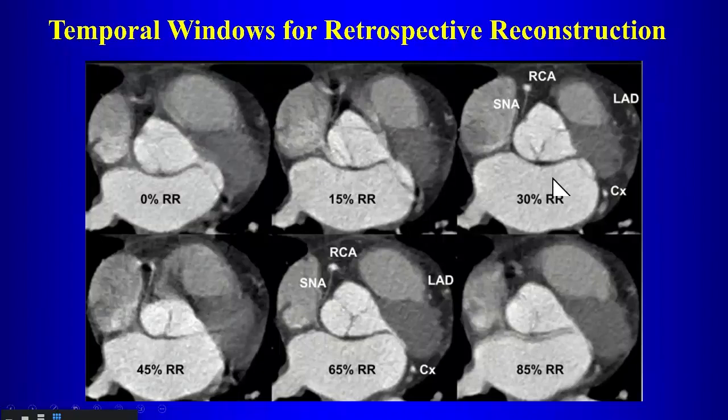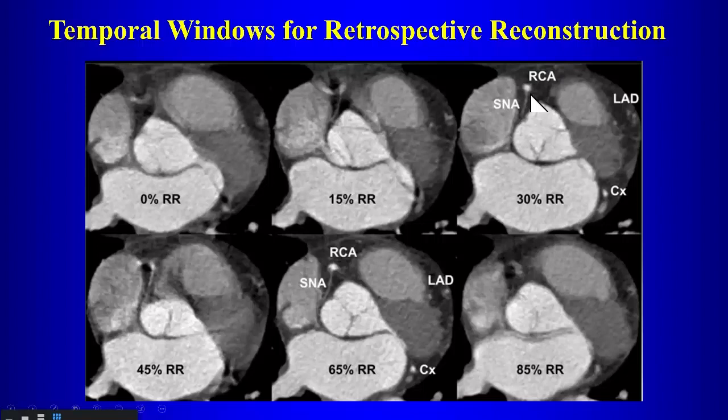So this was a retrospective CT scan in this case. So here's the right coronary artery, and this is at 0% of the RR interval, 15% and 30%, and here 45%, 65, and 85. And you can see that as you look at the right coronary artery, in this particular case, you seem to get the best reconstruction at 30% of the RR interval.